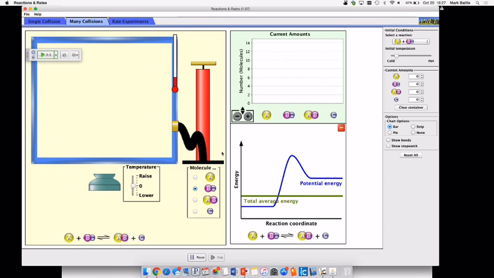So there's a chemical reaction that occurs. You can see the chemical reaction at the bottom of the screen here. A plus BC gives AB plus C. So let's add some reactants. Let's add some of A. And then let's add some of our other reactant, BC.